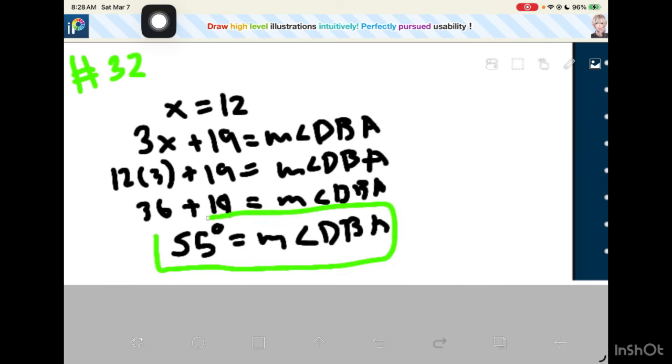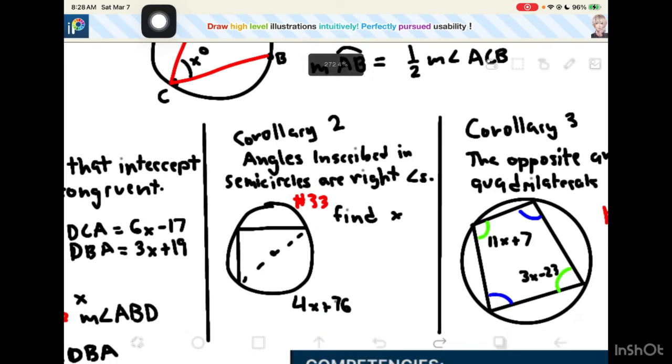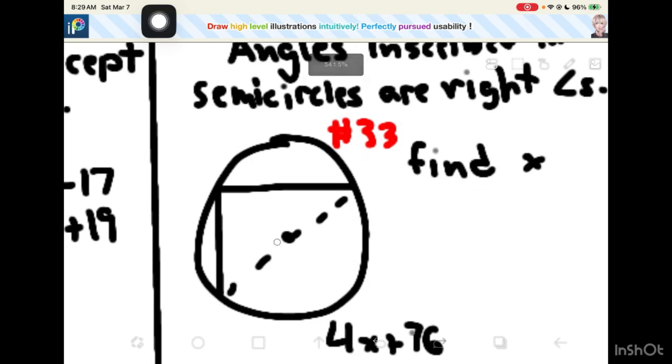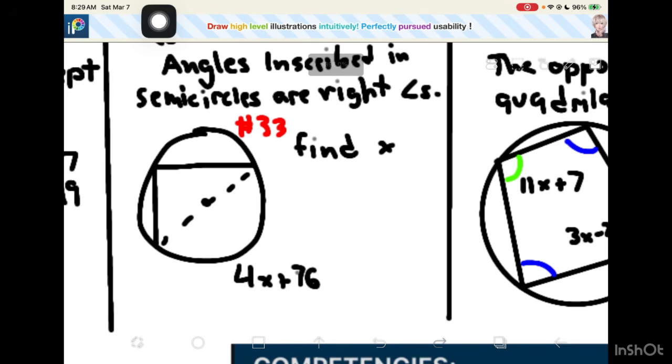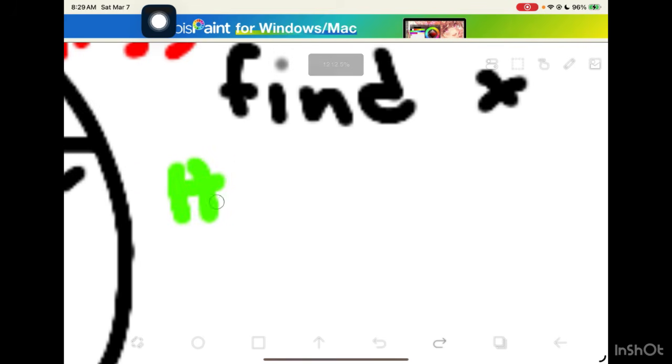Okay, next one. Number 33. Corollary 2. Angles that inscribe semicircles are right angles. So given that the inscribed semicircle is equal to 4x plus 76, find the value of x. So this is number 33.